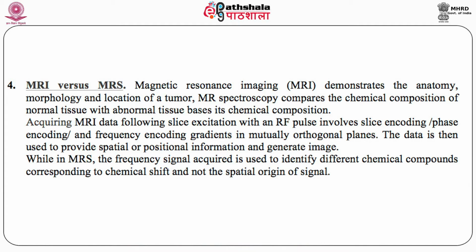The data is then used to provide spatial and positional information to generate an image. While in MRS, the frequency signals acquired are used to identify different chemical compounds corresponding to the chemical shift, and not the spatial orientation of the signal.